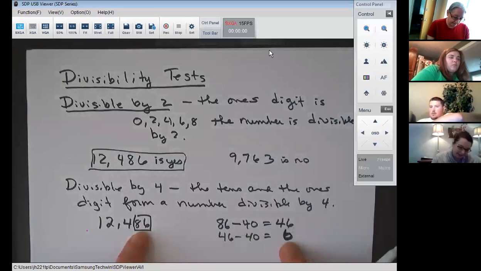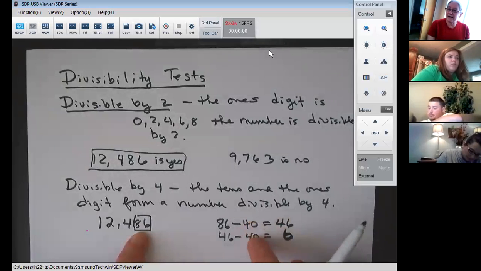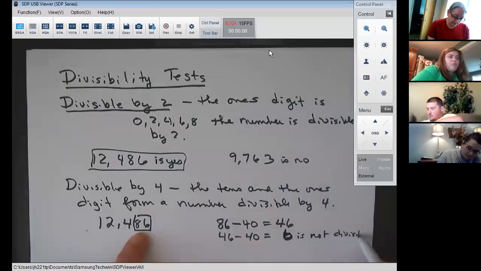And 6 is not a number that's divisible by 4. Basically what I did was I took out all the multiples of 4 by subtracting 40 until I get something small enough I can be sure of. So since 6 is not divisible by 4, 12,486 is not divisible by 4.